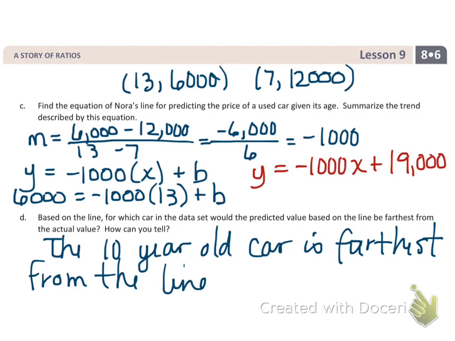And so its predicted value is going to be farthest from the actual value.